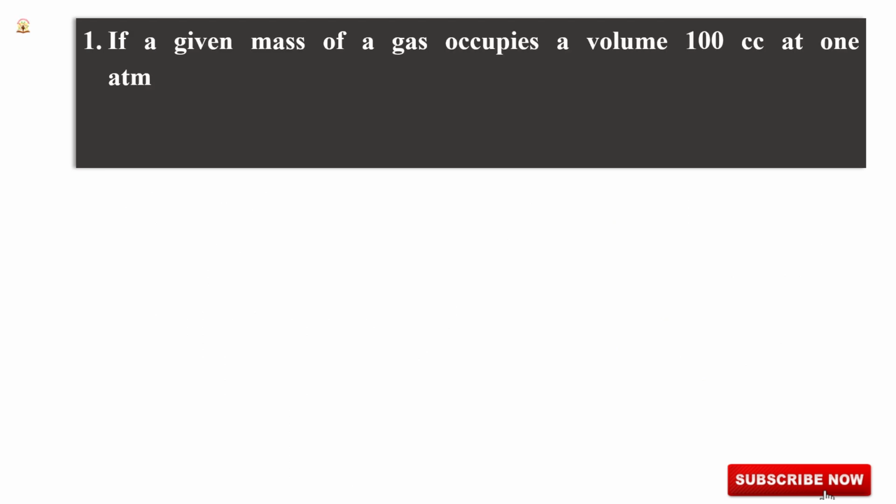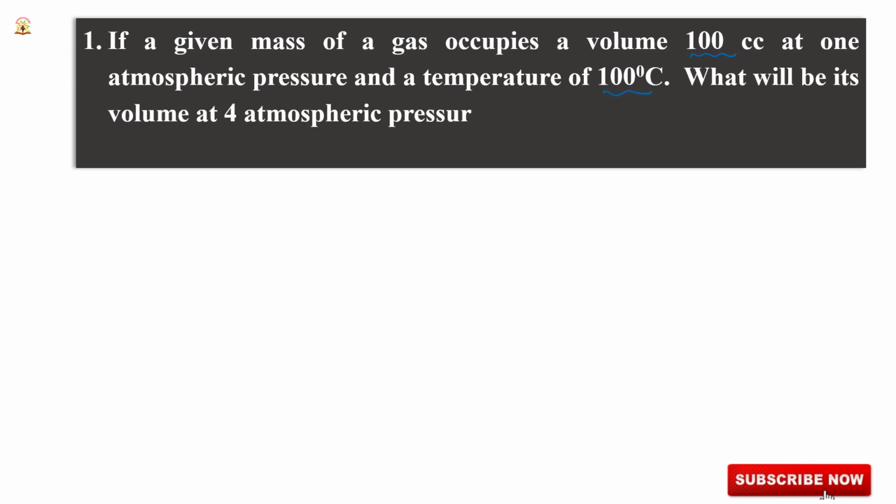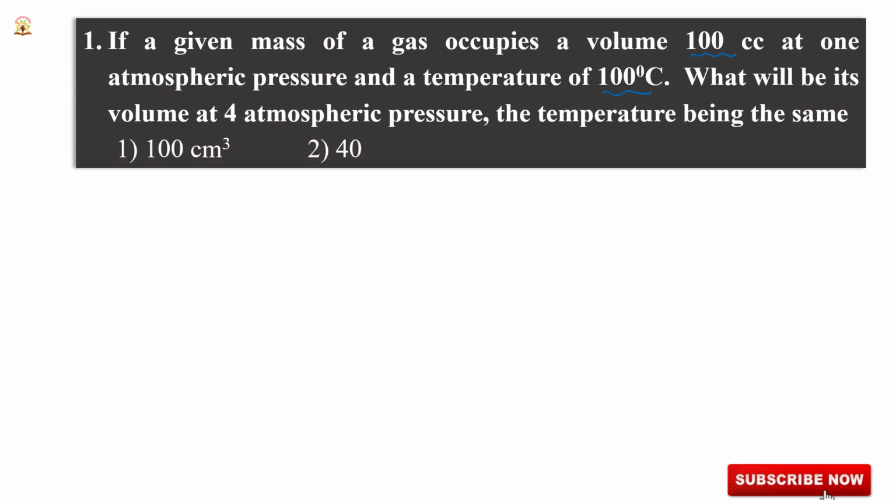In this question, if a given mass of a gas occupies a volume of 100 cubic centimeter at 1 atmospheric pressure and a temperature of 100 degree centigrade, what will be its volume at 4 atmospheric pressure, the temperature being the same?